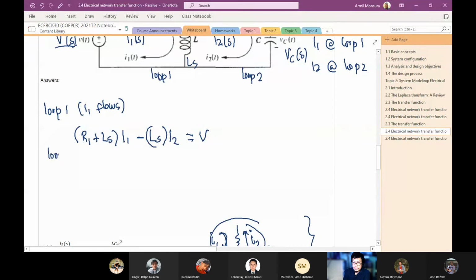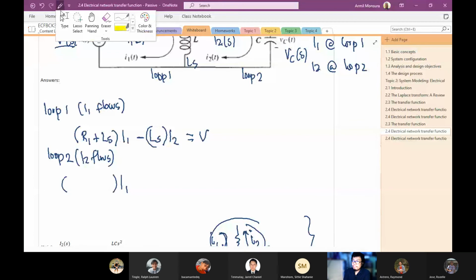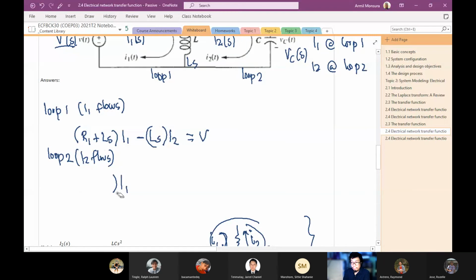In the case naman of loop 2, where I2 flows, yung current I1 ngayon, kasi para consistent tayo, ang term na sinusulat ko first ay yung para sa I1. Yung I1 na to, means ito yung common, kasi nga ang bidang current sa loop 2 is I2.